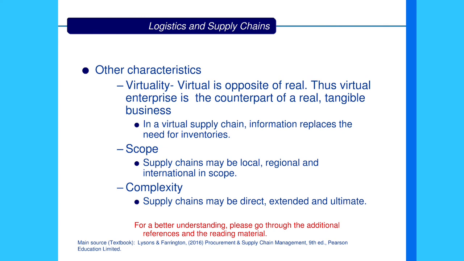For a better understanding, please go through the additional references and the reading material. With this, we come to the end of this particular part of task 2. I will explain to you further about direct, extended, and ultimate supply chain in the next video.